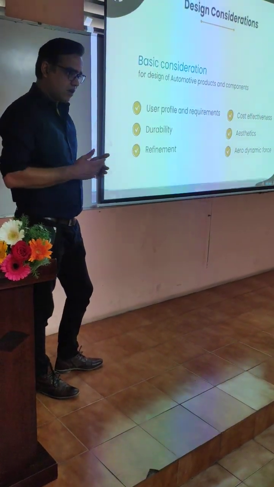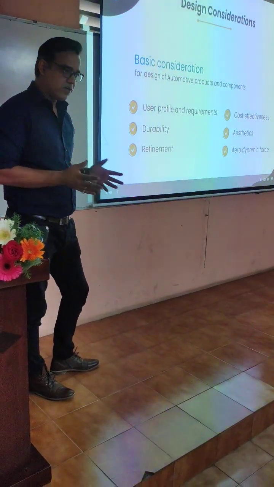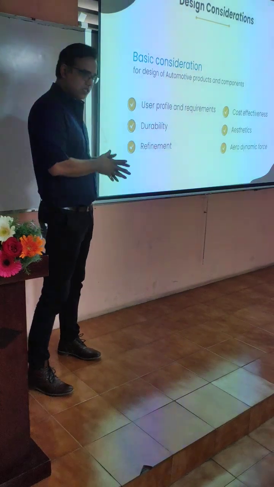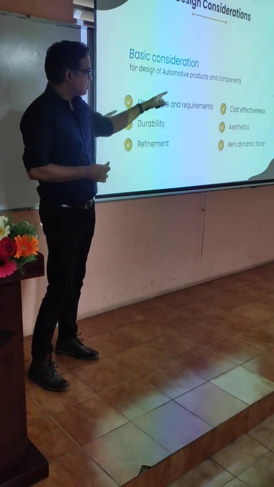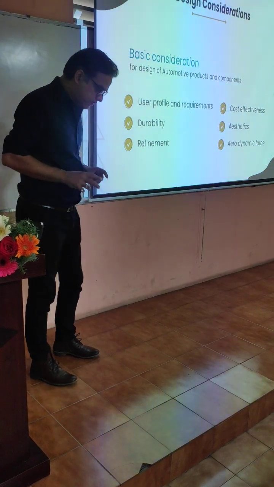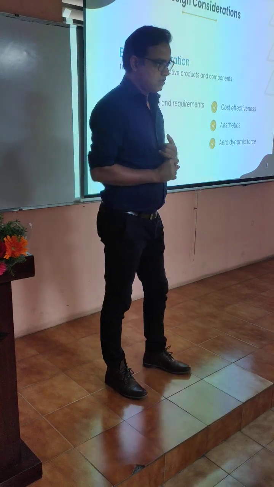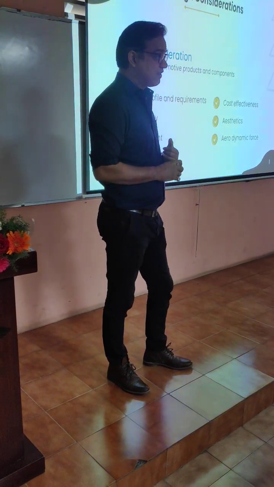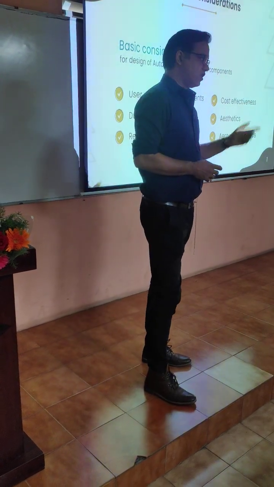Right from design, how much time you take, to what kind of tooling investment is required, what kind of automation is required, to finally what the product is. So while you look at cost effectiveness, you also look at the process. Most of the processes which are very low cost tend to have very high cost components.